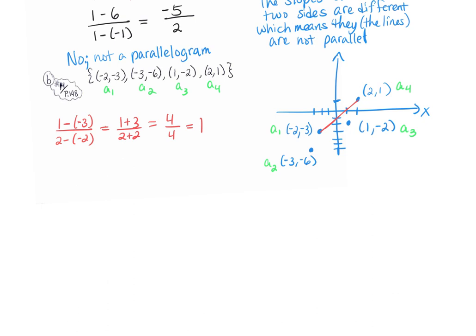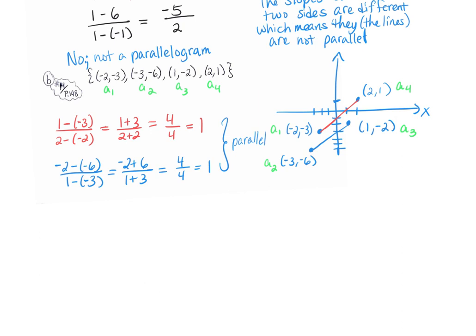Then you check A2, A3: -2 minus -6 over 1 minus -3. You get -2 plus 6 over 1 plus 3, which is 4 over 4, which is 1. So what do we get from these two lines? They're parallel. So far, so good.